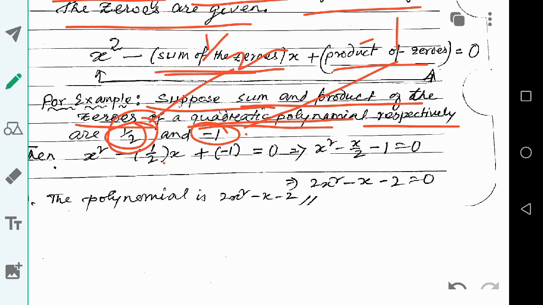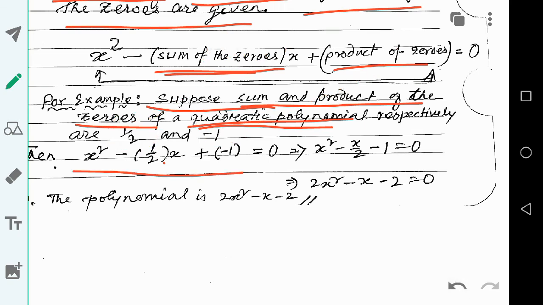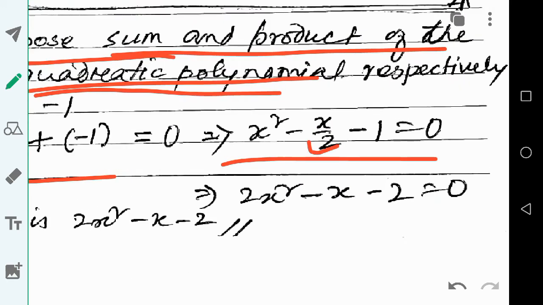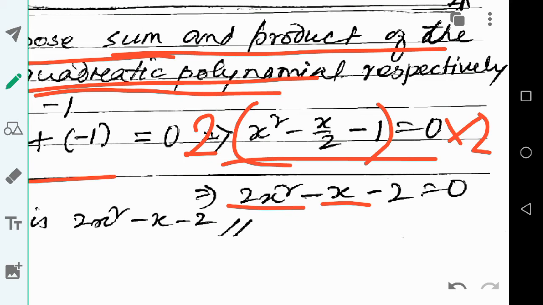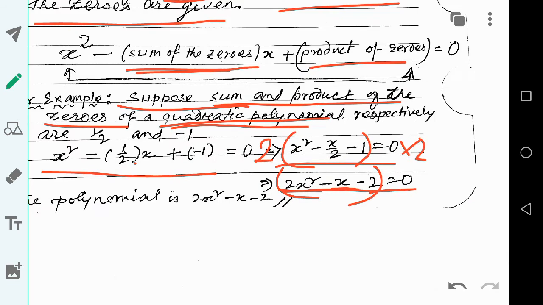Then you will obtain the corresponding quadratic equation, x square minus half x plus minus 1 equal to 0, which implies x square minus x by 2 minus 1 equal to 0. In order to cancel this 2, let's multiply both sides by 2. Then we get 2x square minus x minus 2 equal to 0. This is the corresponding quadratic equation, and this part is the polynomial. The required polynomial is 2x square minus x minus 2.